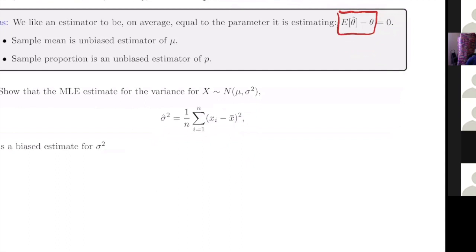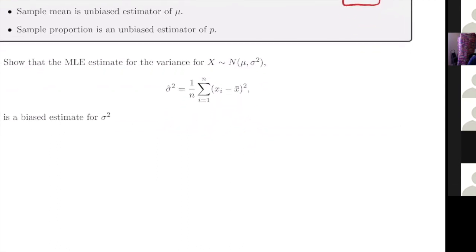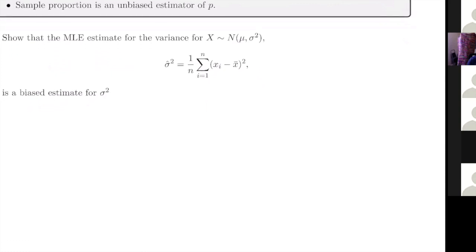So here's a quite complicated thing that I don't want to get into all of the details of, because this is worked out in great detail in the textbook.